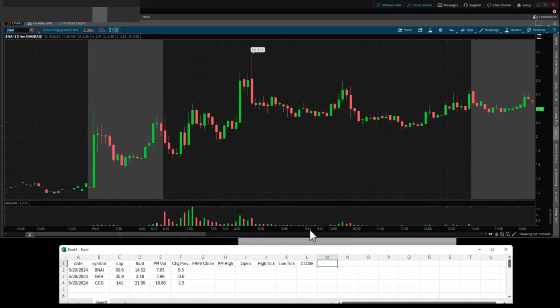And then from there, I'm going to calculate how much from the opening price it spiked up, and how much it spiked down. Actually, before that, what I do like to keep track of is how much it gapped in the pre-market from the previous day close to the pre-market high. And I also like to keep track of how much it declined from the highest point pre-market to the opening, PM decline.